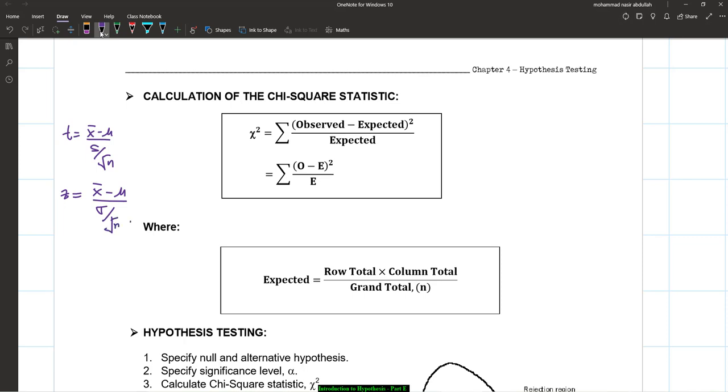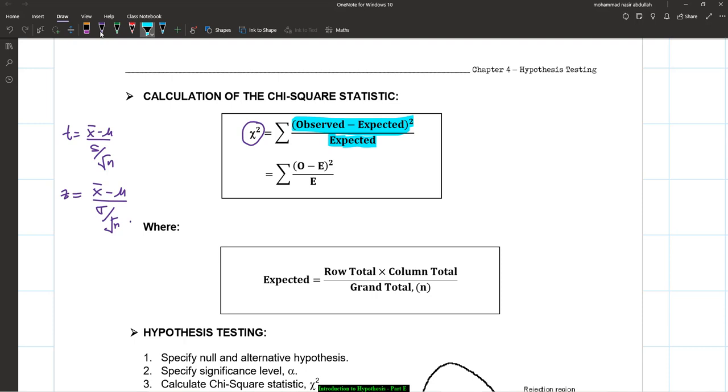But for chi-squared analysis of independence, the symbol is chi-squared, x square. The formula is the summation of observed value minus expected value, squared for each observation, divided by the expected value. Then we take the summation over all observations.